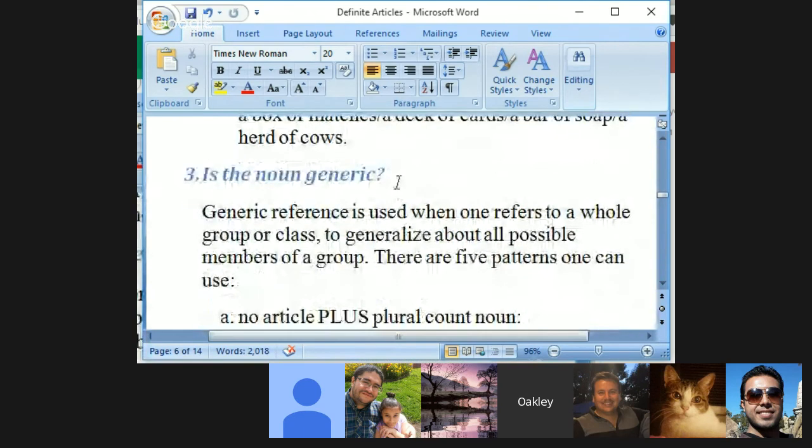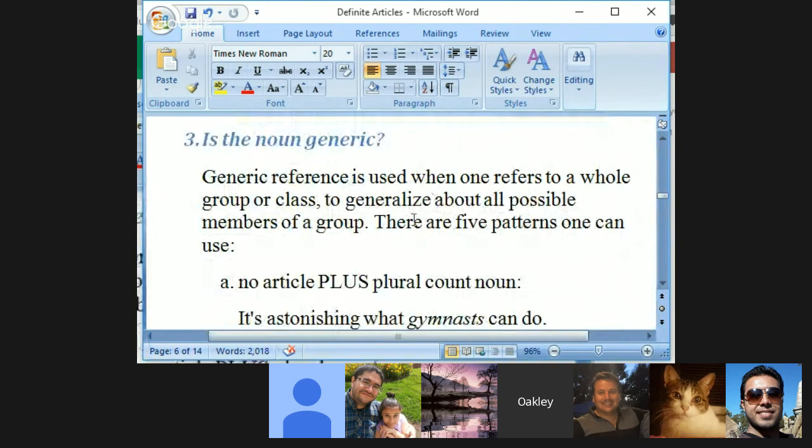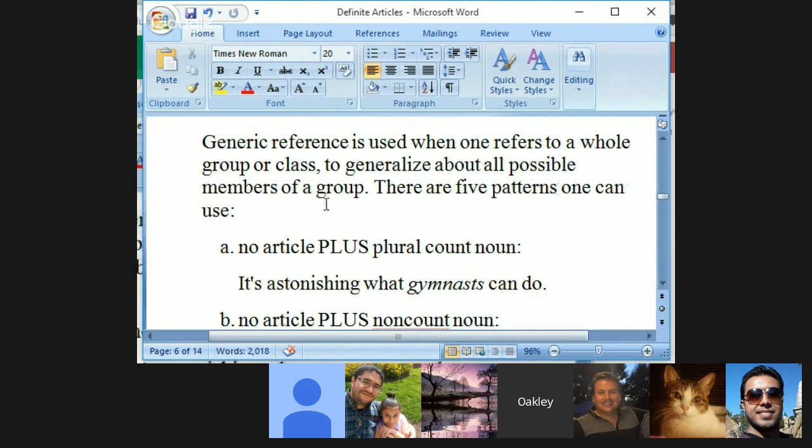Okay, and number 3. Is the noun generic? Well, what does that mean? Generic, general. You're talking about a whole group or a whole class of things. To generalize about all possible members of the group, there are 5 patterns one can use.